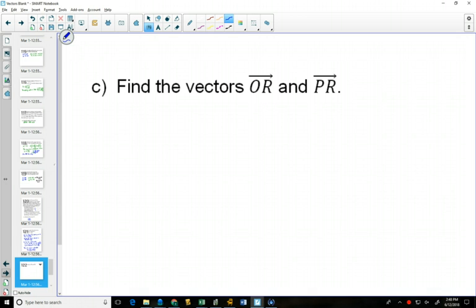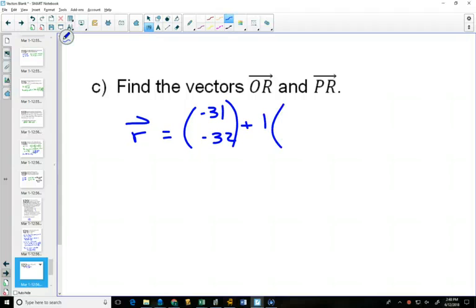Find the vectors OR and PR. Remember, OR is where you're going to be after traveling 1 hour. So we can take our equation, plug in 1 hour, and figure out where we are going to be.